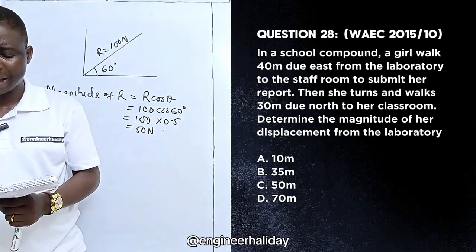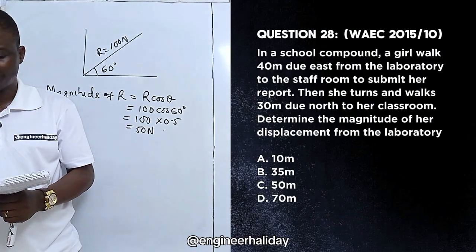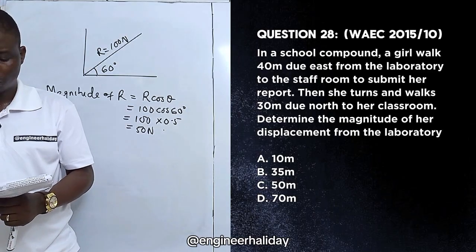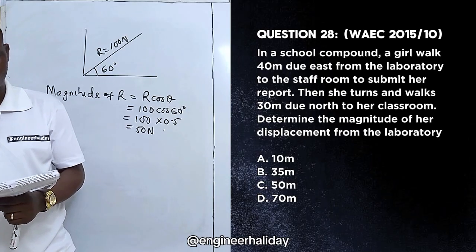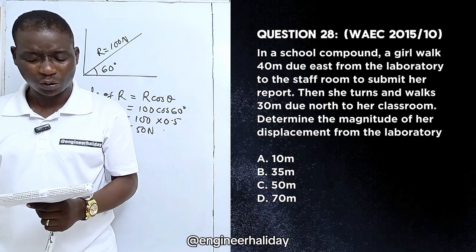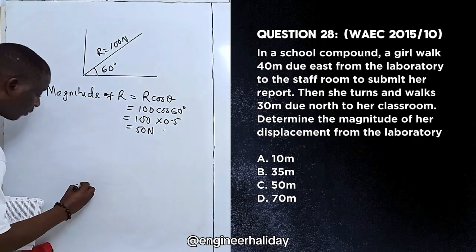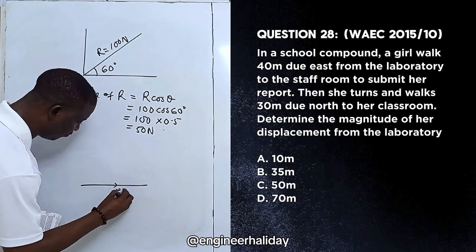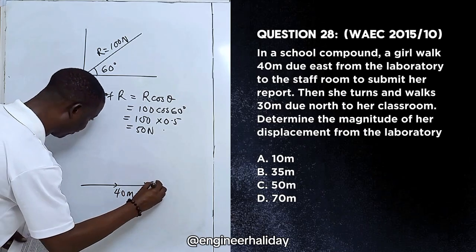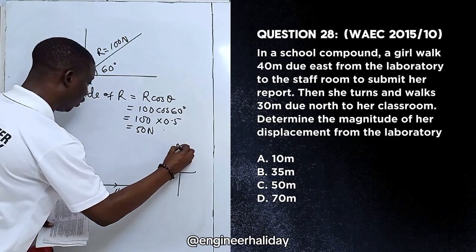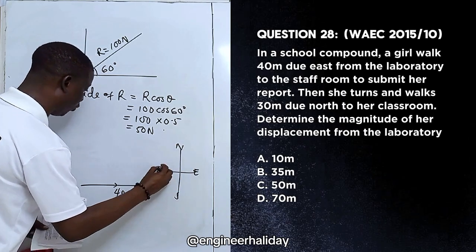Number 28: from the laboratory to the staff room to submit a report. That means in a school compound, a girl walks 40 meters due east. East direction, don't forget. We have the north, the east, the south, and the west.